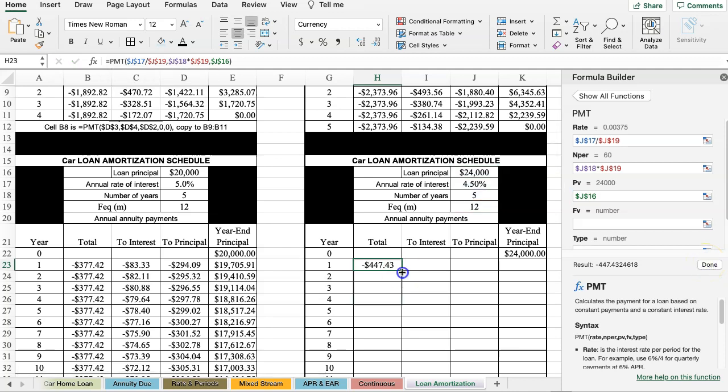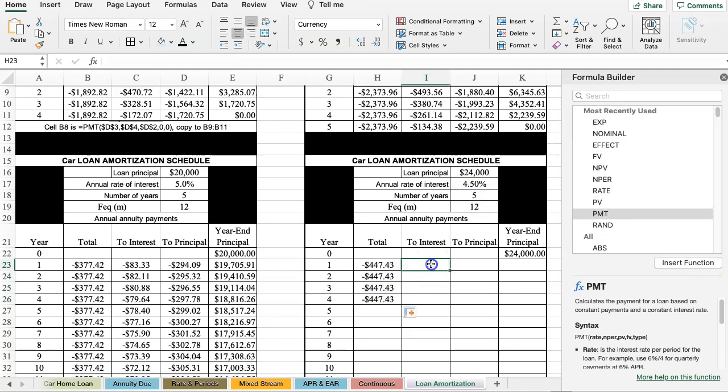Again, just like we calculated above, we want to lock a couple of cells in the balance. So basically we're going to take the interest rate divided by the frequency, multiply that by the balance, and we want that to be stable as well.